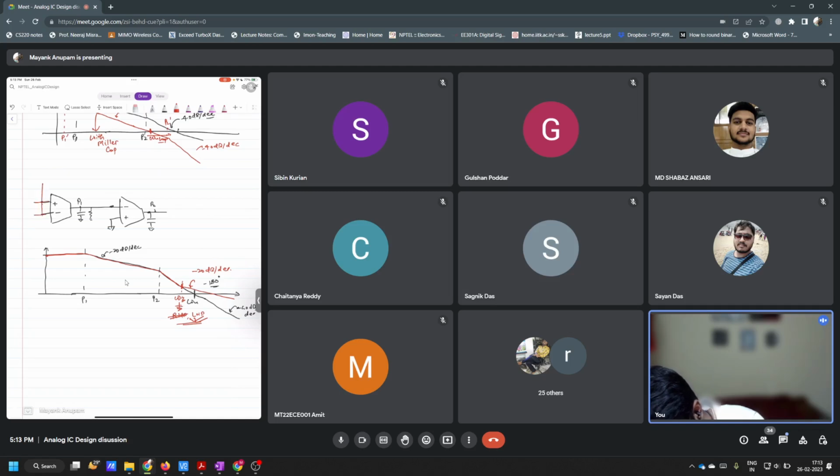This feed forward path here, by the way, is also called the feed forward path. The second path that I added in red, that is also called the feed forward path. Fine.